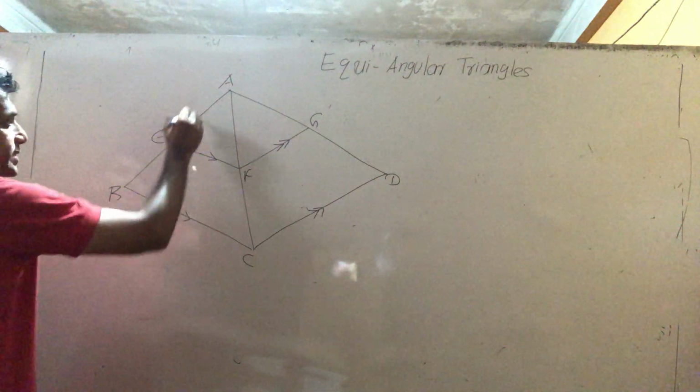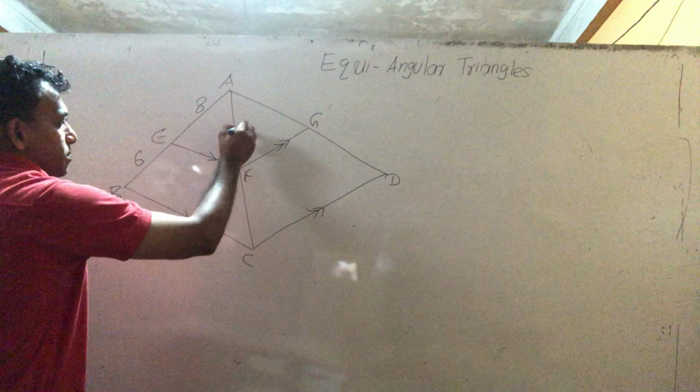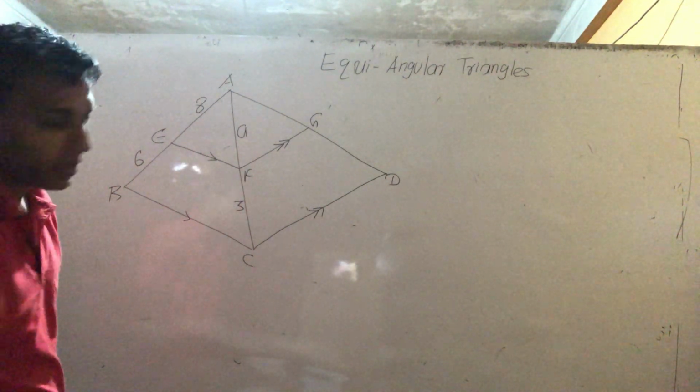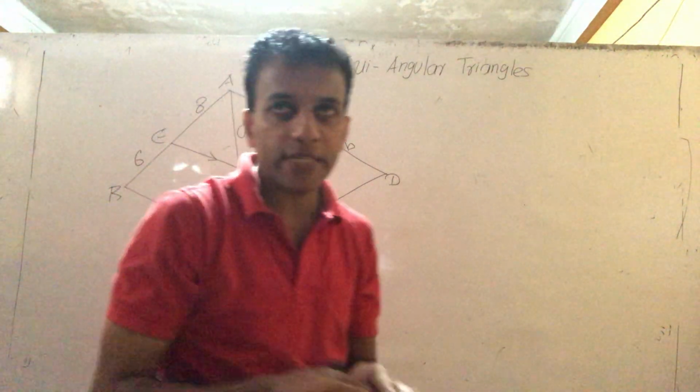They marked 8 centimeters, 6, and A here. This is 3, and 6 and B. Simple question, right? It's a combined figure, a combined triangle.